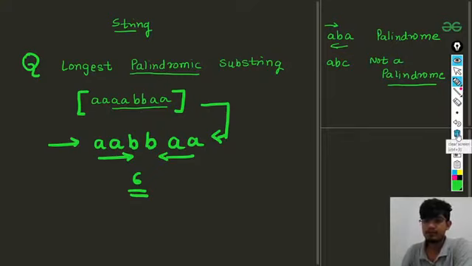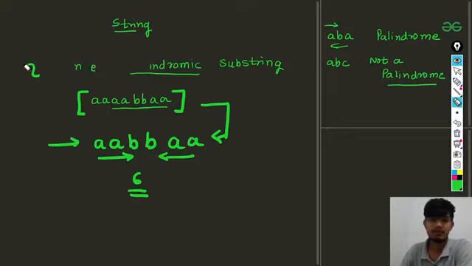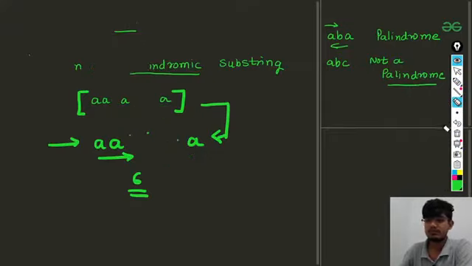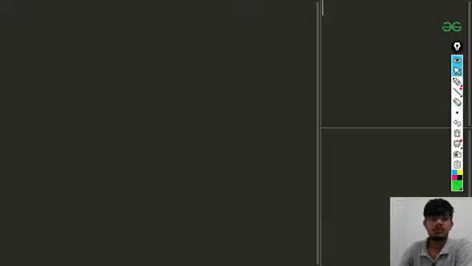Okay, so let me just erase some of this part. I will not be removing all of it. Let me remove this only. Okay, so let's write the code. First we are going to include all the header files that we are going to need.